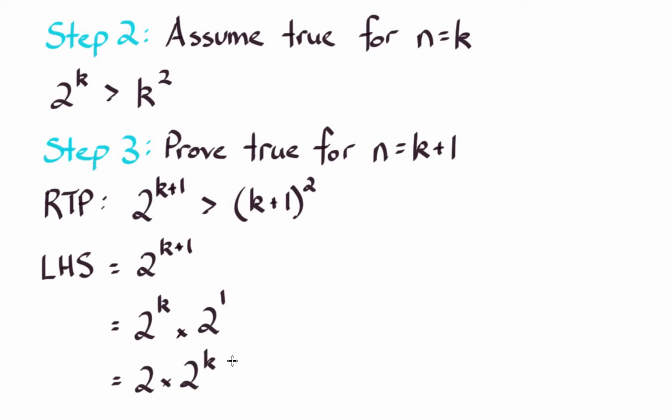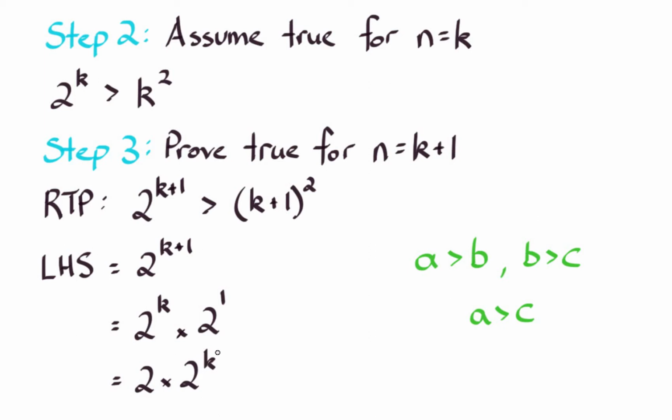So how are we going to use this? Well, essentially we're going to use that result from our review that states if we have some a greater than b and then b greater than c, it follows that a must be greater than c. We're going to use that idea now.